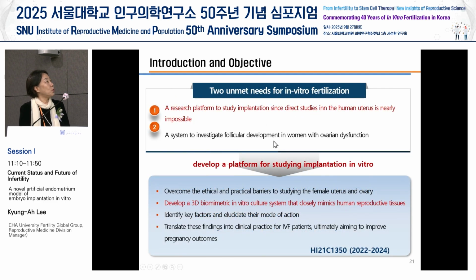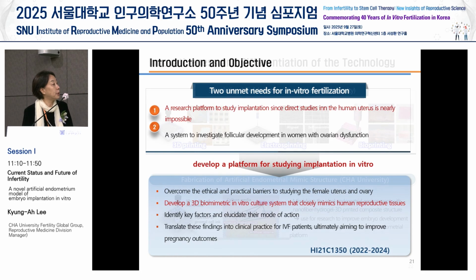Now, to meet two unmet needs at the time, we were interested in making a scaffold to study implantation in vitro as well as ovarian function, to study early follicular development. In this part, we wanted to develop a 3D biomimetic culture system that closely mimics the human endometrium.